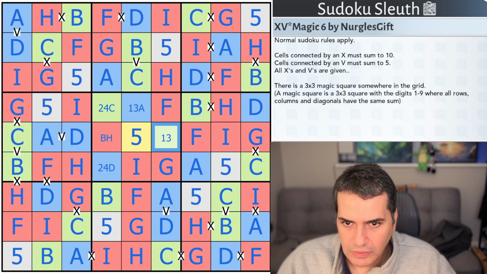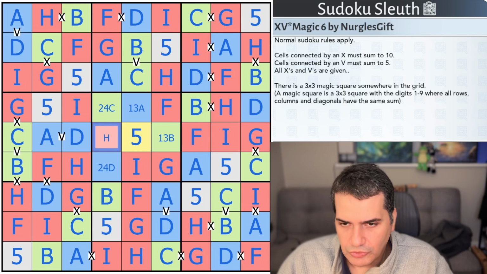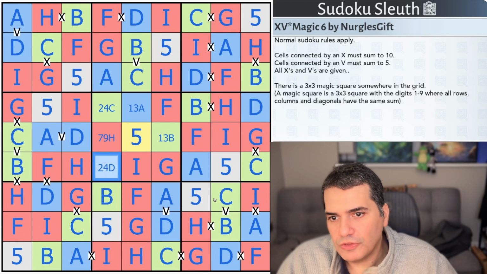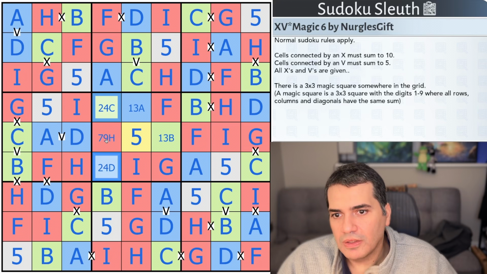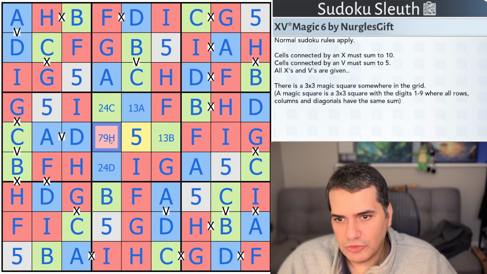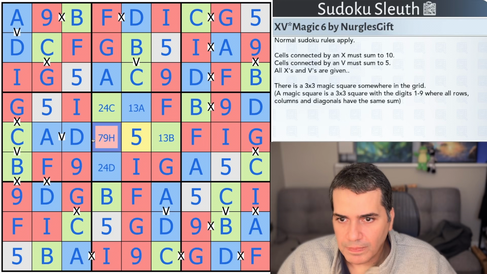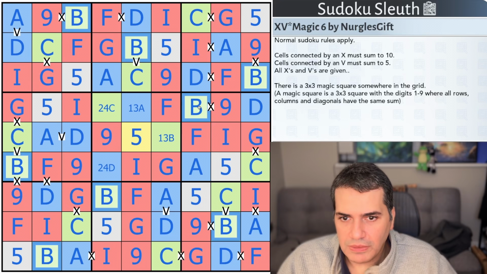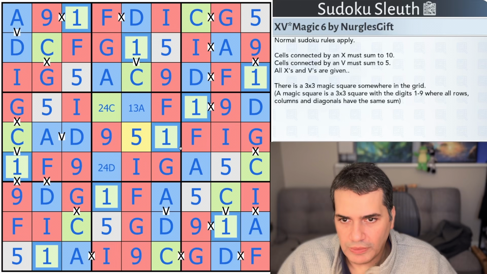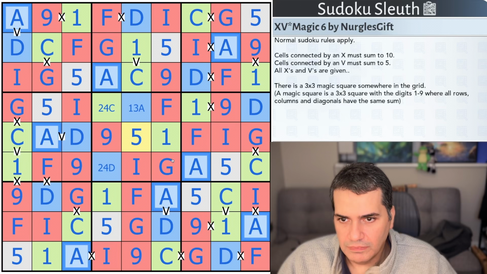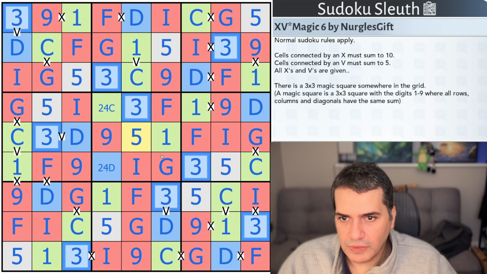Yeah, that was A. That's B. And therefore this is H, and this is the 7 or 9. Because these two cells add up to 6, that has to be the 9 to get to 16. Therefore H is 9, including this cell. B, including this cell, is 1. A, we've already determined is odd, including this cell, is 3.